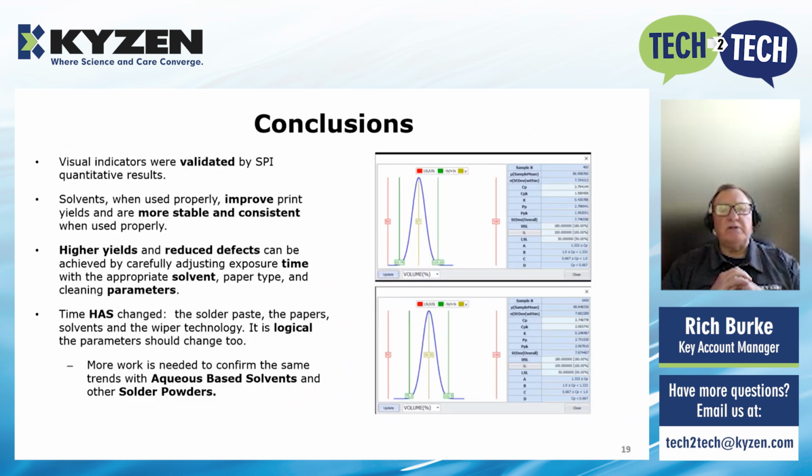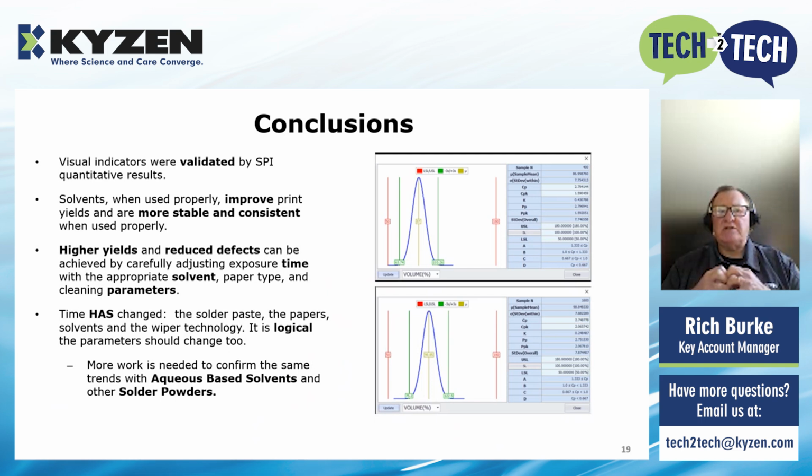So in conclusion, again, a lot was learned here during this testing. And the first one really is that SPI does validate the assumptions that a wet wipe process is positive, and it validates the initial visual inspection work that was done in the first phase of the testing.